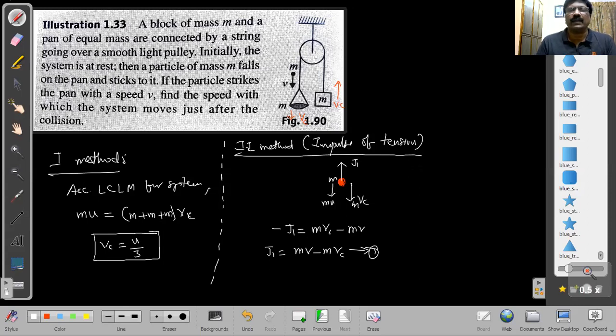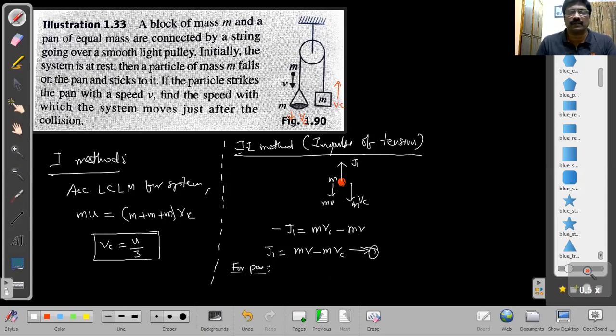Now for the pan. Whenever the particle makes collision with the pan, immediately the particle pushes the pan downwards, which means the particle exerts an impulse on the pan downwards.